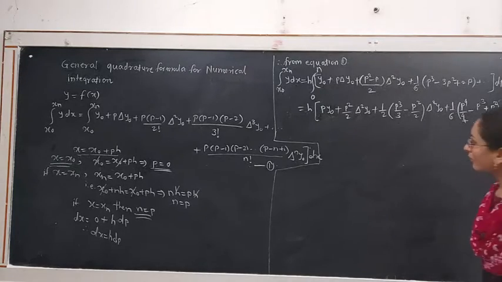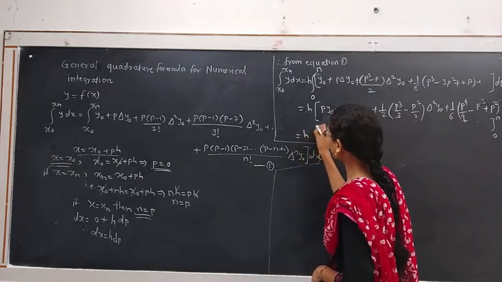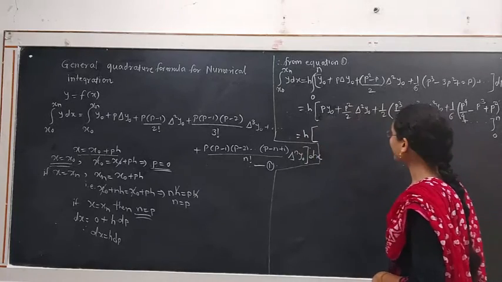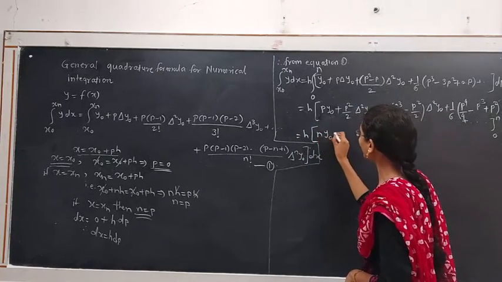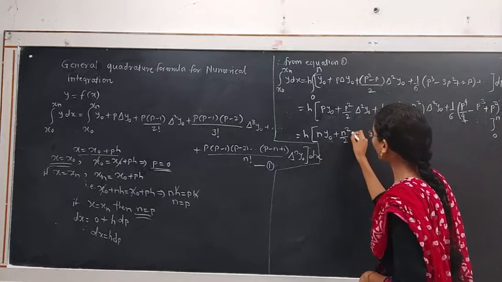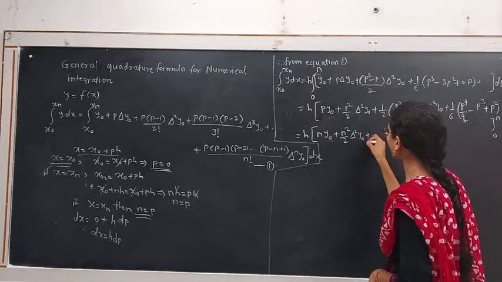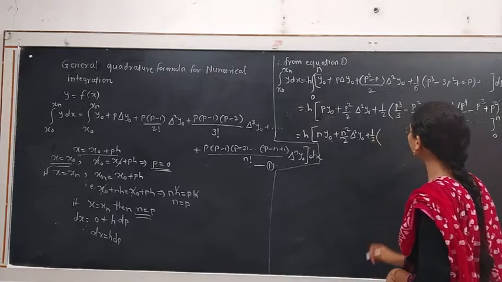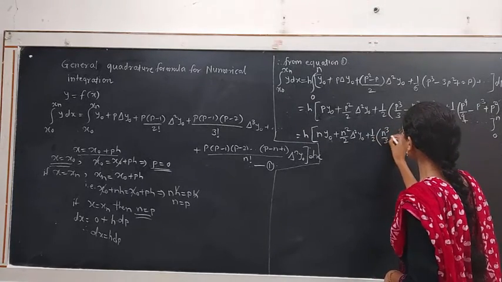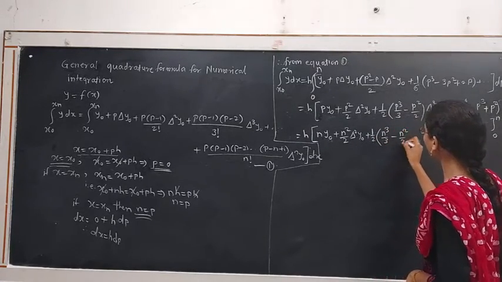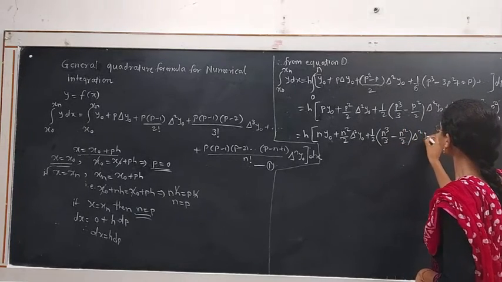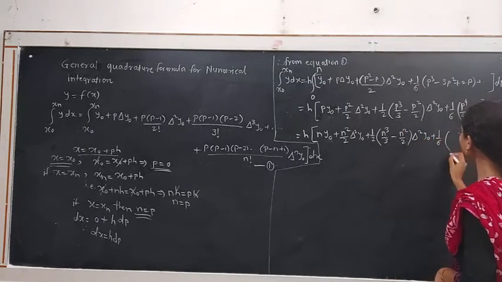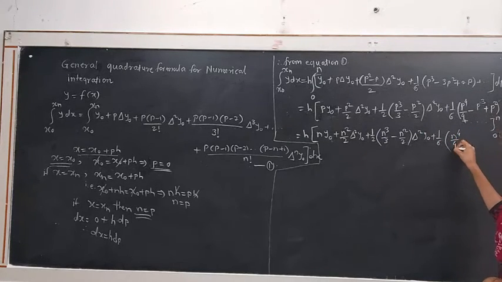After substitution of limits, we get h into, upper limit for p is n, into y0 plus n square upon 2 into del square y0, plus 1 upon 2 into n cube upon 3 minus n square upon 2, into del square y0, plus 1 upon 6 into n raised to 4 upon 4 minus n cube plus n square plus so on, into h.